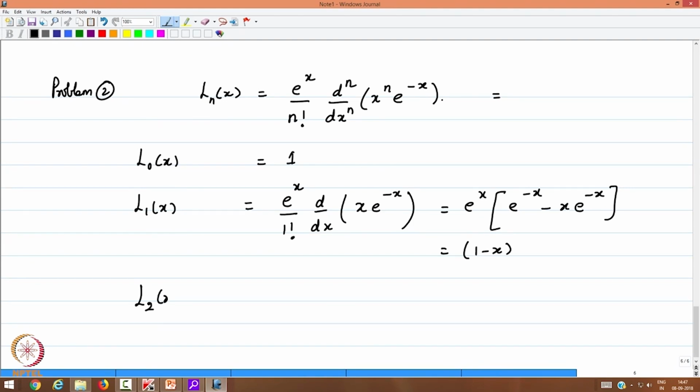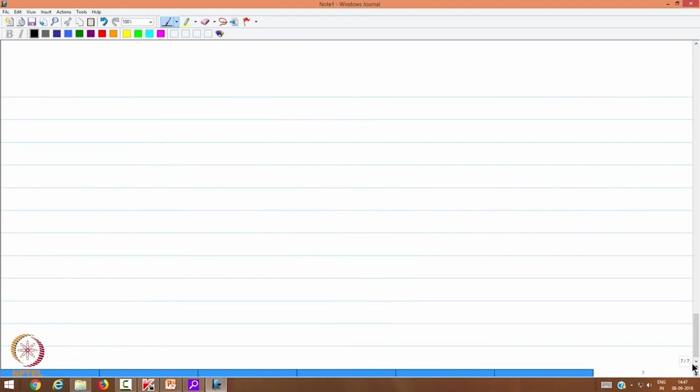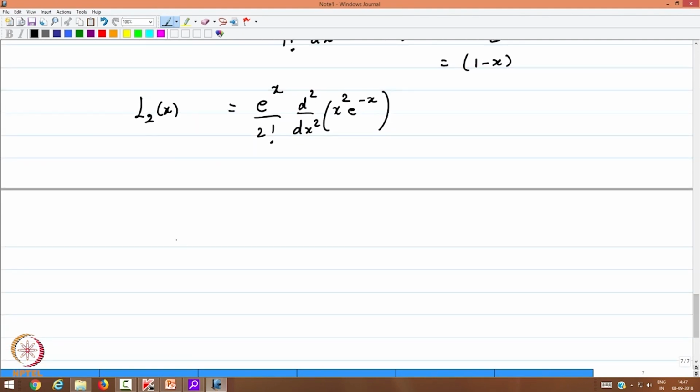L2 of x will be e raised to x divided by 2 factorial, d square by dx square of the function x square e to the minus x. Okay. Therefore, you have to take 2 derivatives. So, it is e to the x by 2, d by dx of 2x e raised to minus x minus x square e raised to minus x.